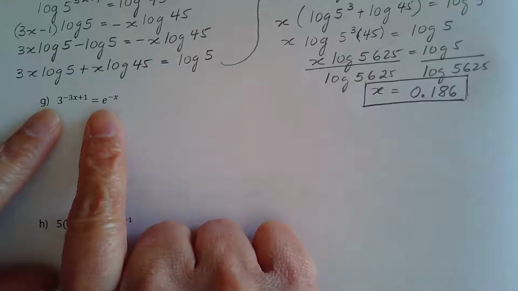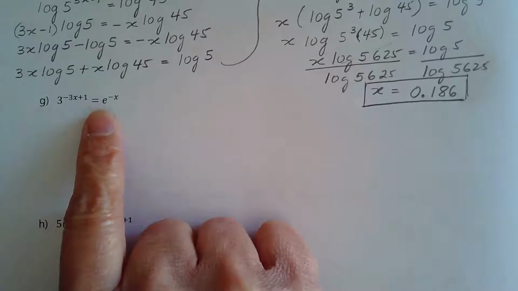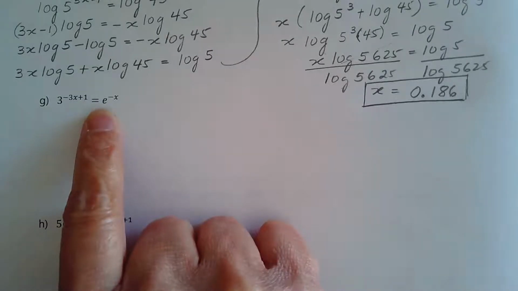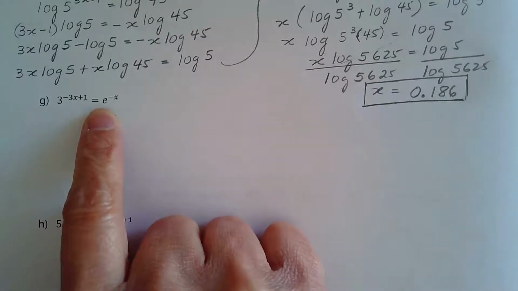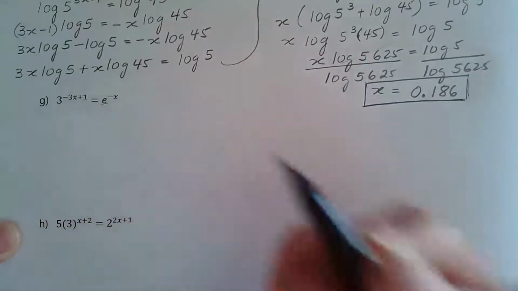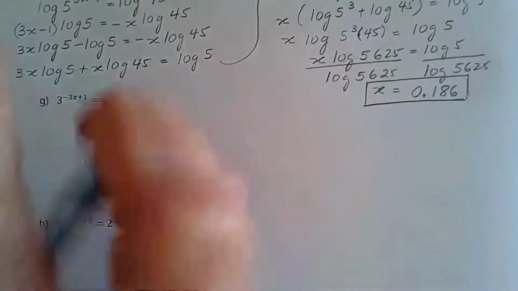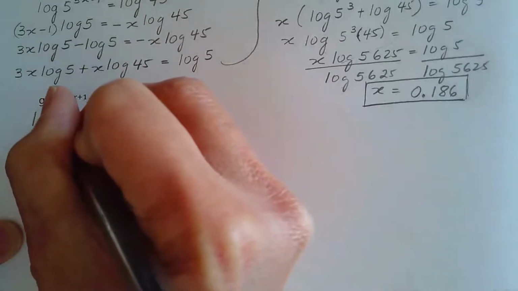Because this is base e, we could actually use the natural logarithm. So take the natural logarithm of each side of the equation.